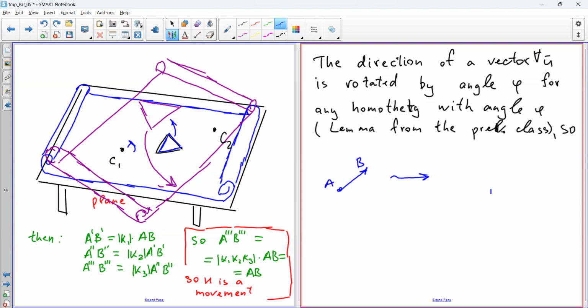But the direction would be rotated by phi1 plus phi2 plus phi3.